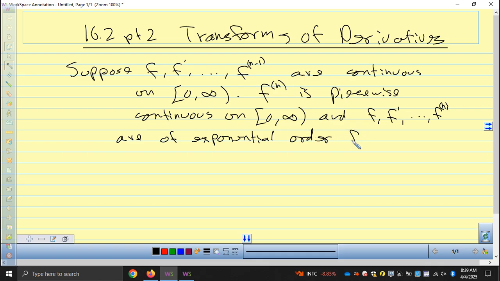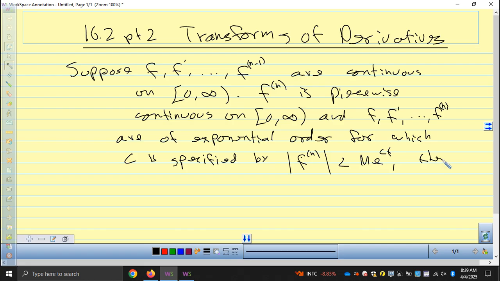And just to be explicit, for which we have our C specified by the absolute value of that nth derivative is less than M e to the ct. So just our definition of exponential order.